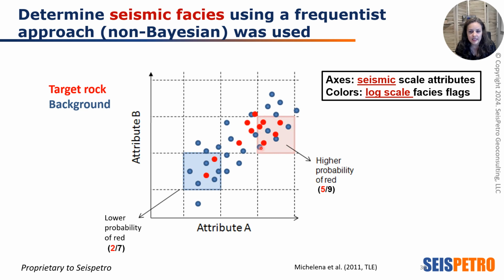So if we are between these attribute properties for attribute A and attribute B, we have a higher probability of finding the target rock than if we are in this range of values of attribute A and attribute B. It is called frequentist because you count the frequency of a certain facies given the attributes ranges. The strength of this technique is that you don't require a model or a prior like the Bayesian technique does.